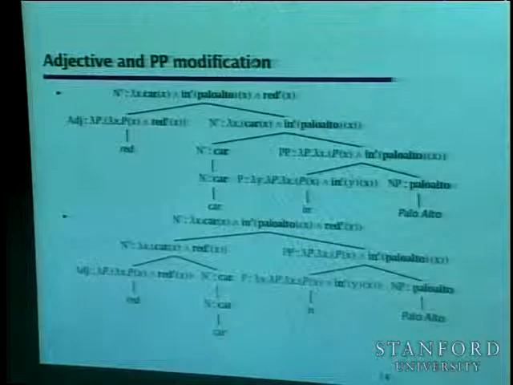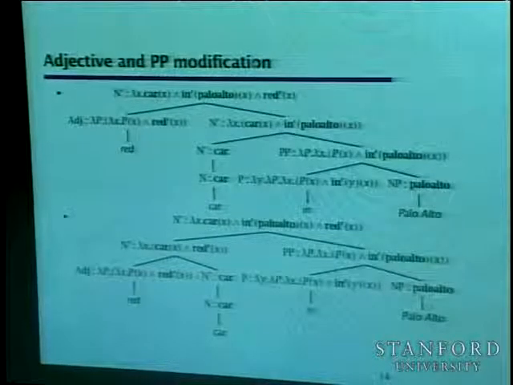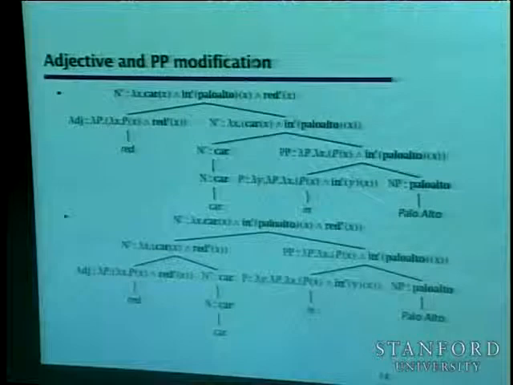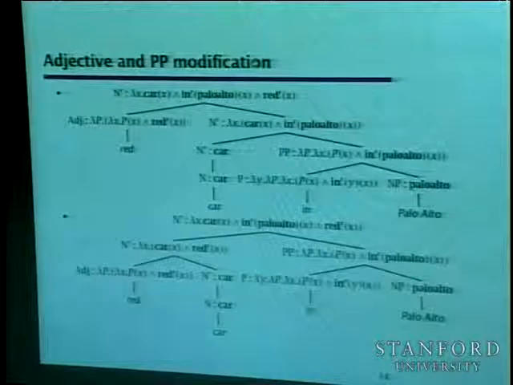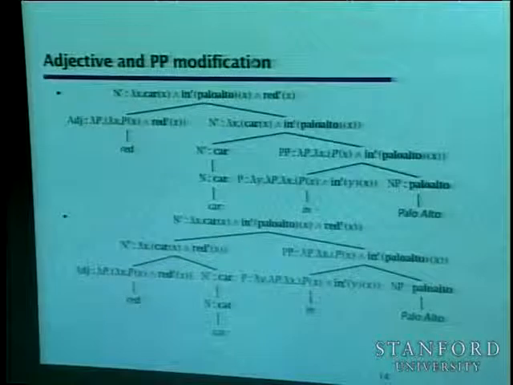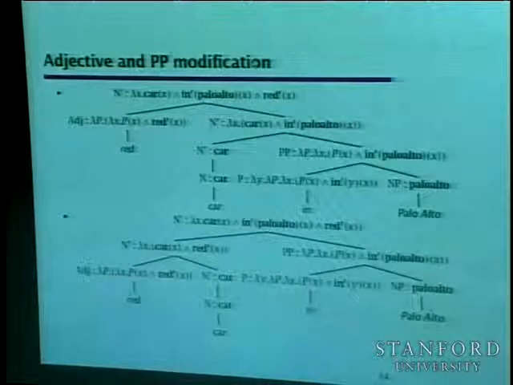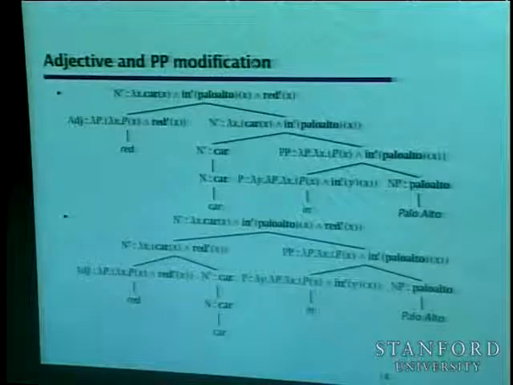So if you think about in Palo Alto, it should itself be a property, right? That seems like something that can be true or false of individuals. At least at a certain point in time, they're either in Palo Alto or they're not in Palo Alto. So here I have this property of things that are inside Palo Alto.